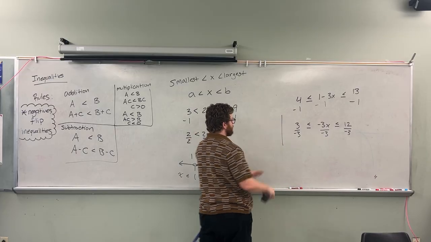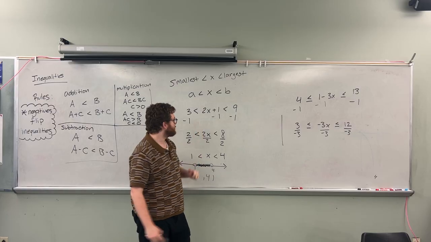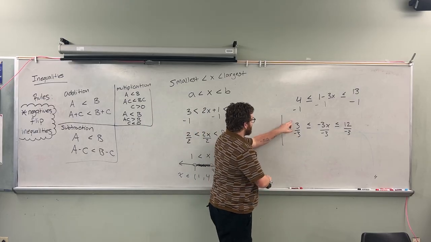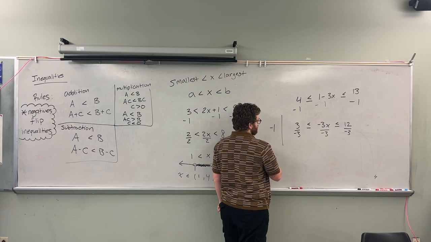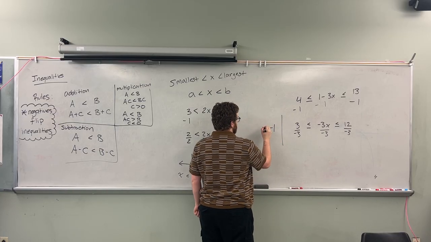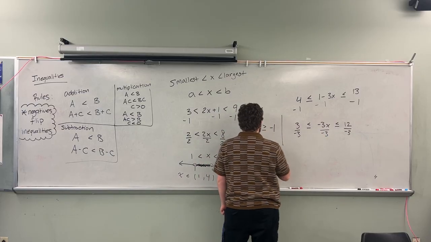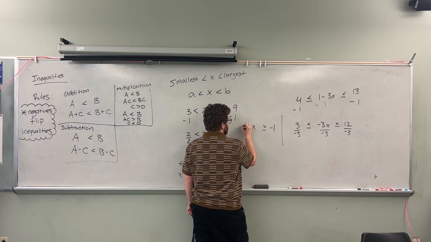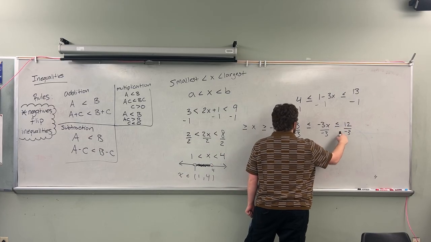So I'm gonna visually mirror it so that you kind of get what I am saying. So I've got -3/3 is -1. Then mirror this sign, so I get greater than or equal to. That just becomes x. And then greater than or equal to, I get -4.